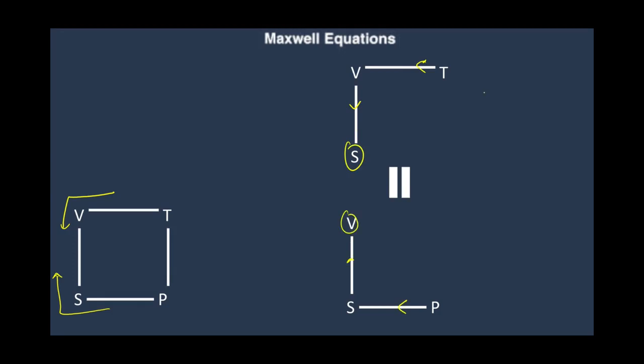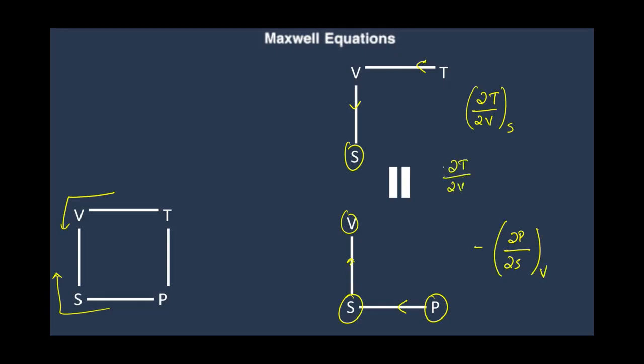Dou T by dou V at constant entropy over here, and similarly here we start on P. Since this is going up, I'll put negative, and dou P by dou S at constant volume V. So we can write dou T by dou V at constant entropy is equal to negative dou P by dou S at constant volume.